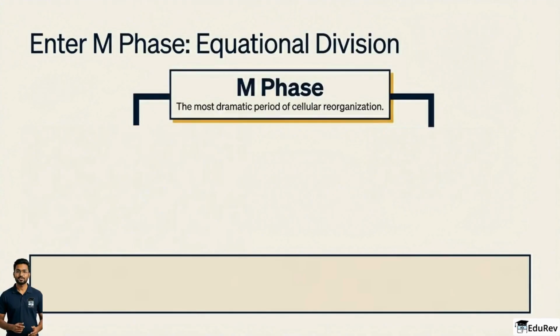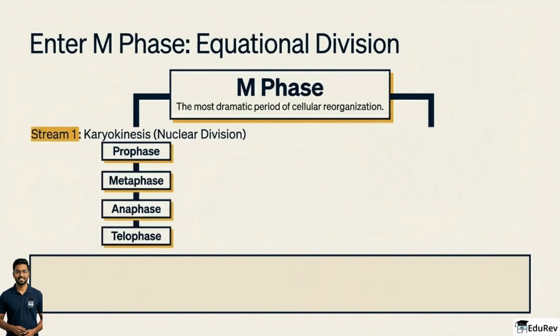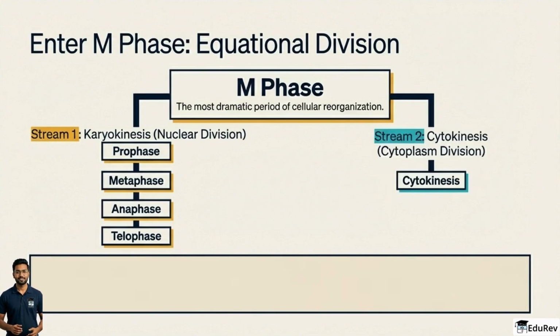M phase is the dramatic division phase, and it has two parallel streams. One stream is karyokinesis or nuclear division, which includes prophase, metaphase, anaphase, and telophase. The other stream is cytokinesis or cytoplasmic division.